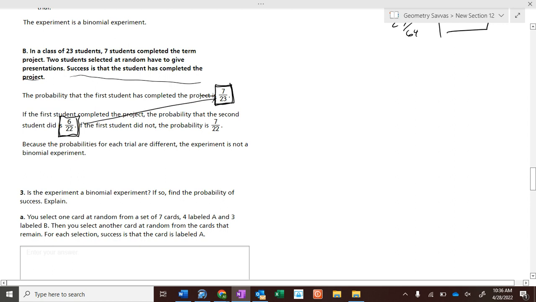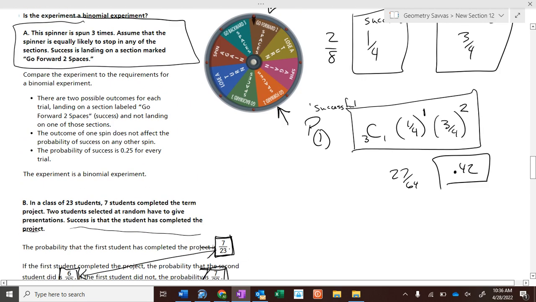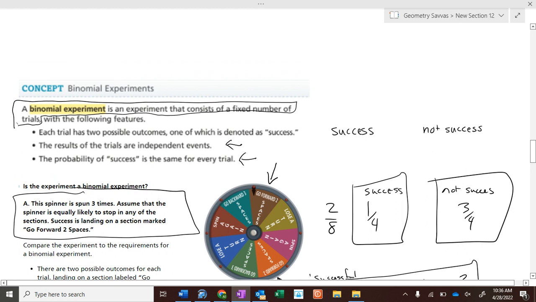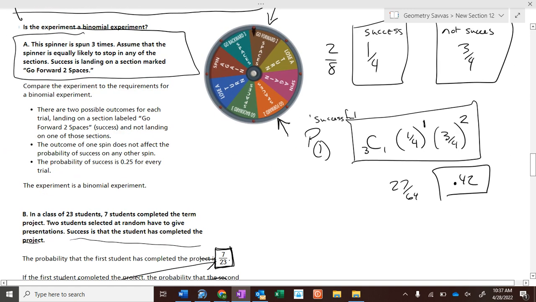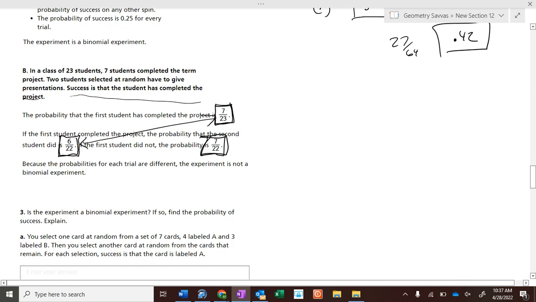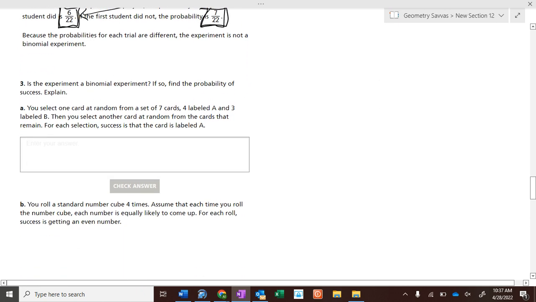Are those the same? No. The probabilities for each student are not the same because you're not going to have the same student go twice. So since the probabilities are not the same, that is not a binomial experiment because the probability has to be the same for each trial. So you'll have to know the difference between a binomial experiment and not a binomial experiment.